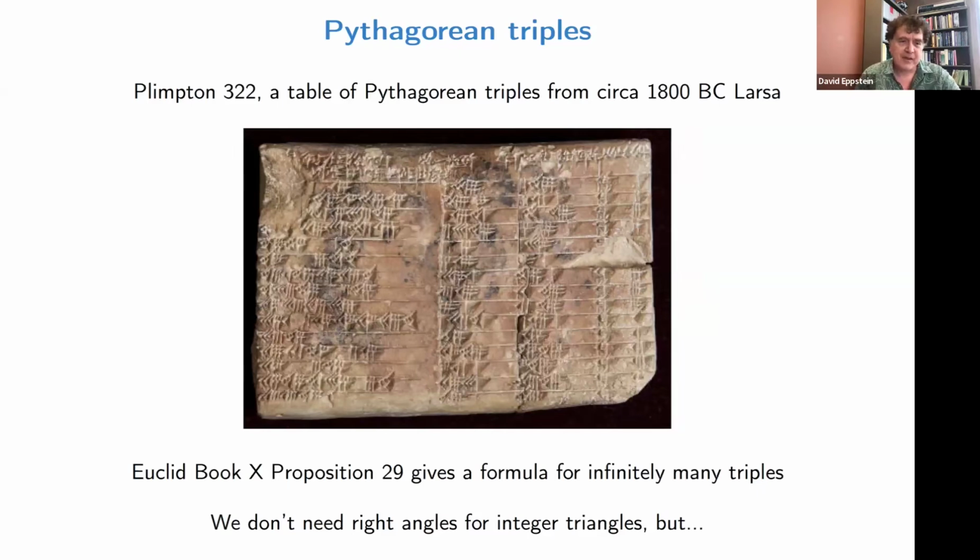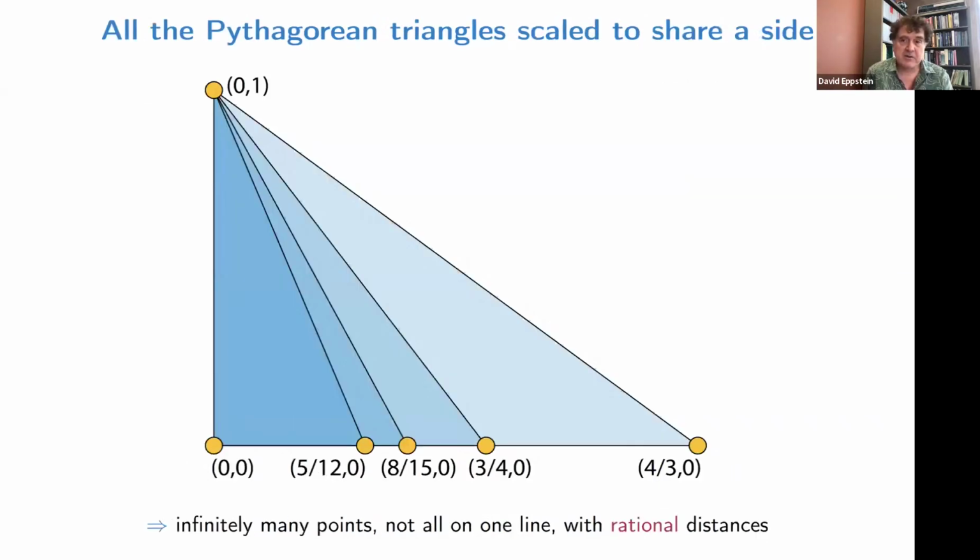And since ancient times, people have studied right triangles at integer distances from each other. Now, we don't need the triangle to be a right triangle in order to have integer distances, but if we have many integer right triangles, we can put them all together into one picture.